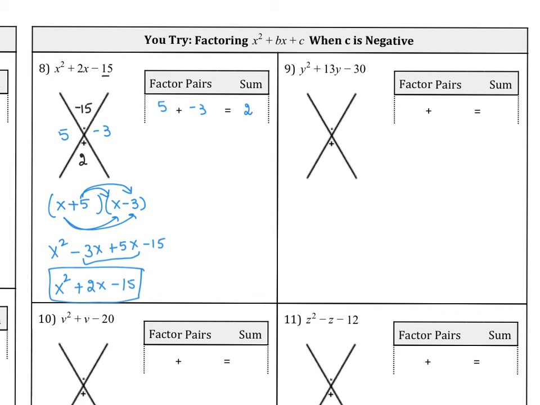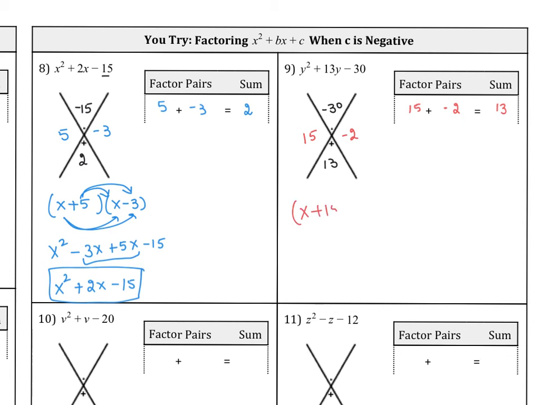Next is the number that goes on the top is negative 30, on the bottom is 13. You're looking for two numbers, and you can say that those numbers are going to be 15 and negative 2. 15 minus 2 is 13, and 15 times negative 2 is negative 30.